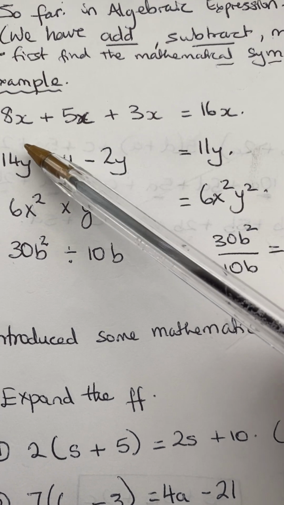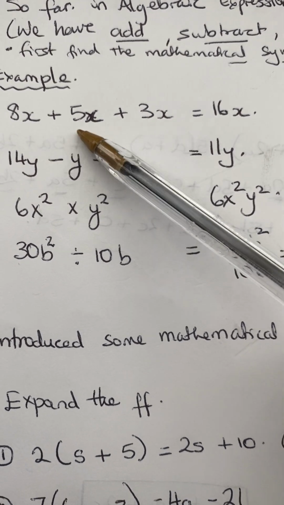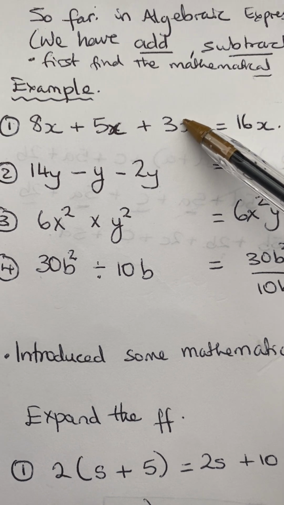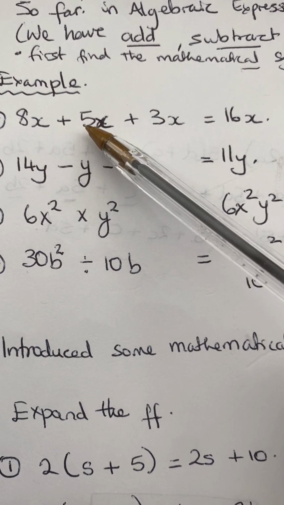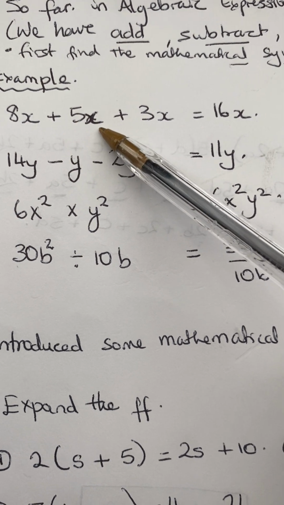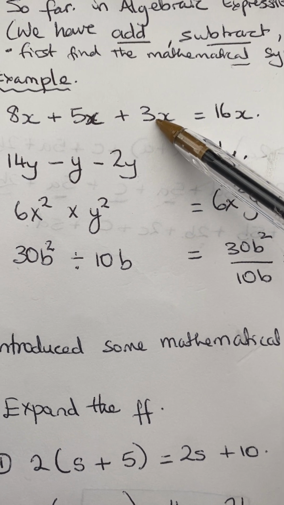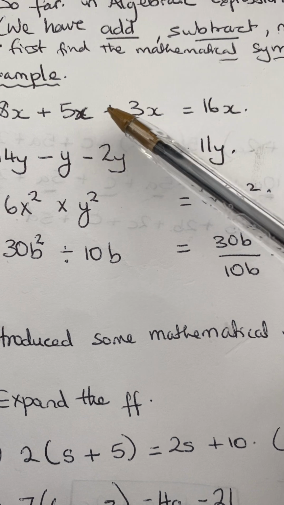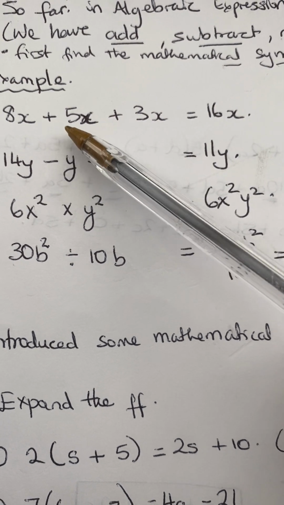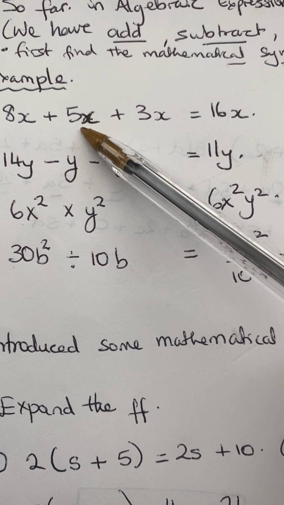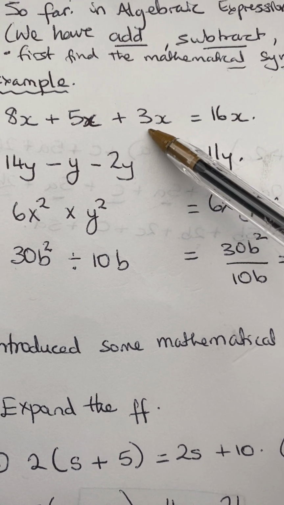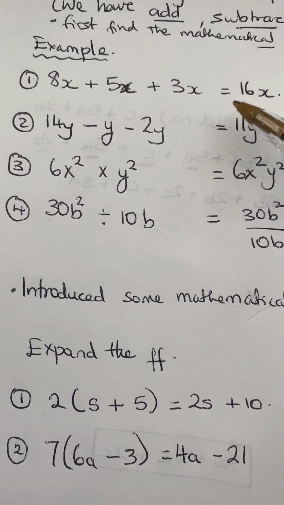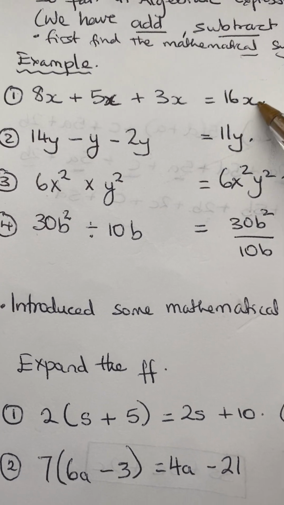So here it's like adding apples to apples to apples, okay? So you have 8x add 5x add 3x. So 8 add 5 is 13, add 3 is 16, so you have 16x.